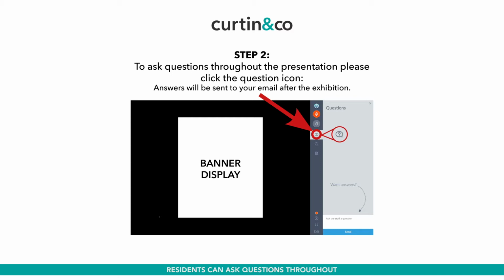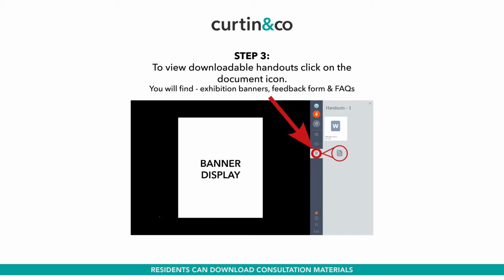This is how you can ask questions here. And then step 3 is, if you notice the other section, this is the handout section. So this will have the exhibition banners where you can download all the material, which will be useful for you to look at in your own time.